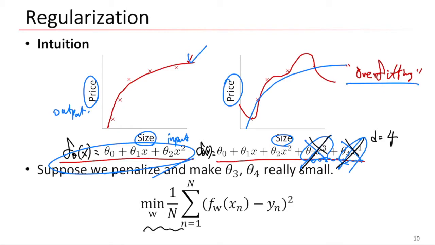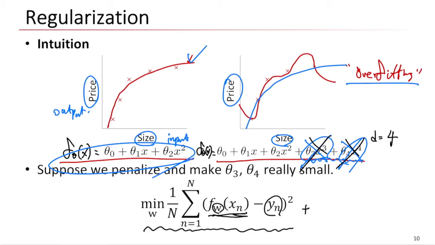Okay, there is the objective function of this linear regression problem, right? This is the ground truth, and this is the estimated value, and W is the parameter.